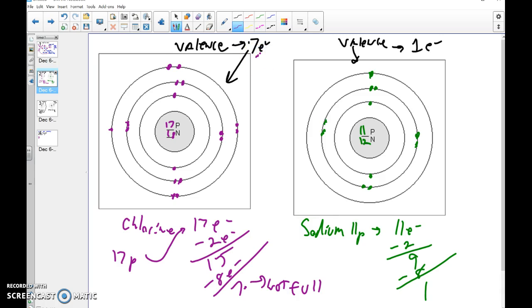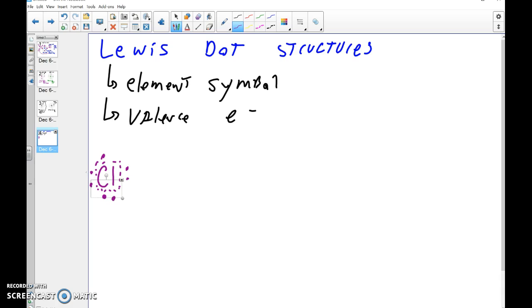And so when you do Lewis dot structures, you just write the symbol and the valence electrons. So you would actually write this like that. You don't actually draw the dotted lines. But you do imagine that there's a box around it. You always put one dot on each side of the box until you run out of dots.